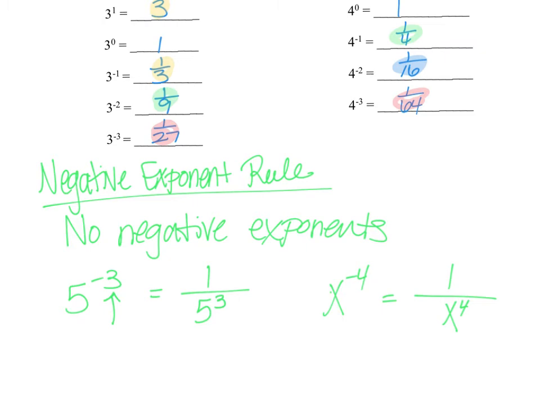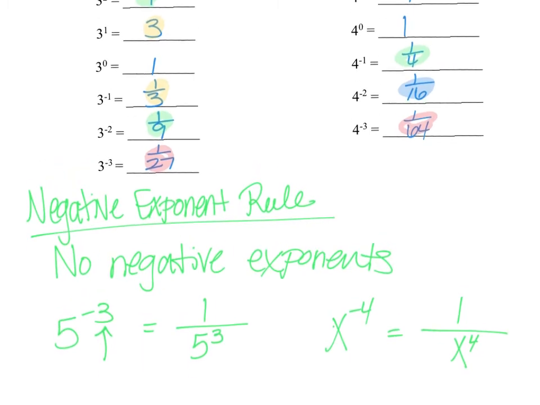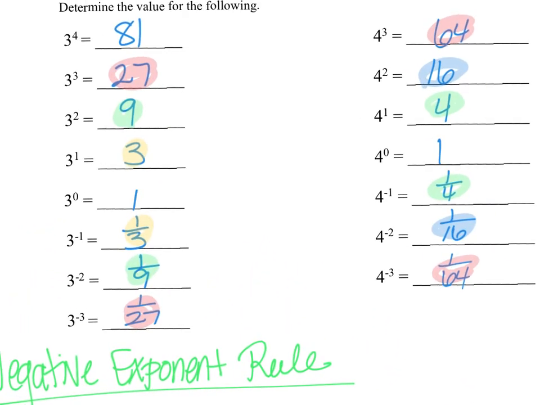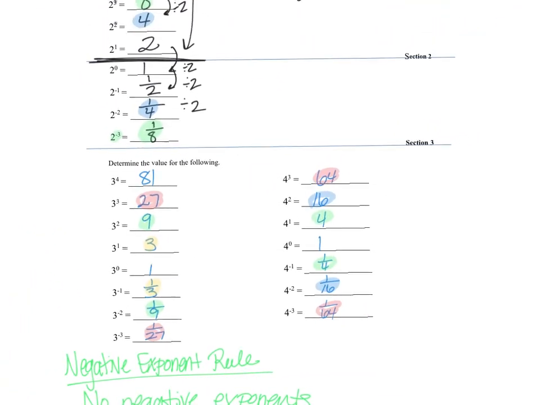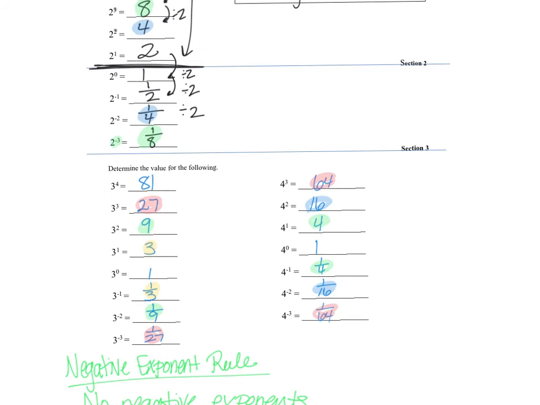One other thing that I want to point out on this screen before we move on, and this is something we're going to talk about in class and make some connections with our new unit: look right here, 3 to the 0 was 1, 4 to the 0 was 1, and even up here, 2 to the 0 was 1.